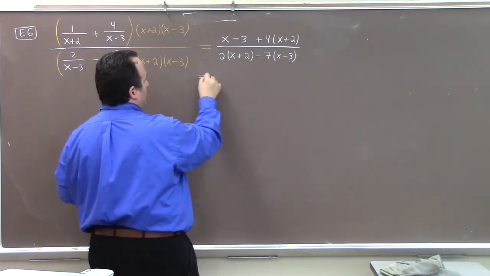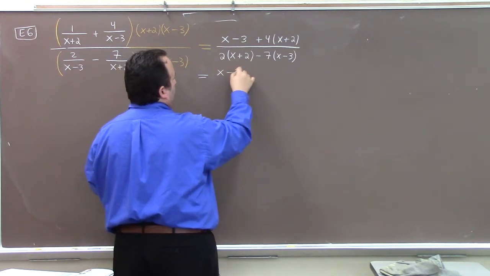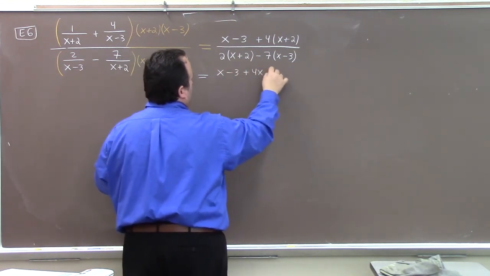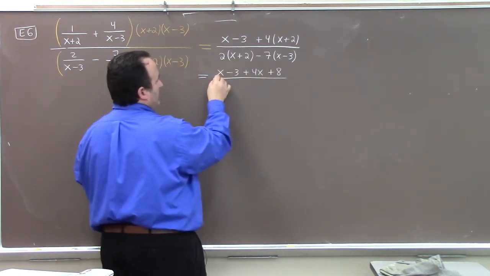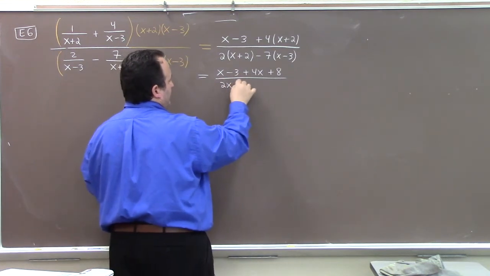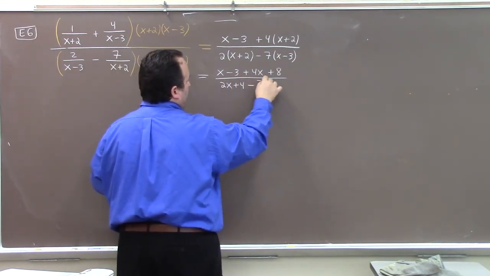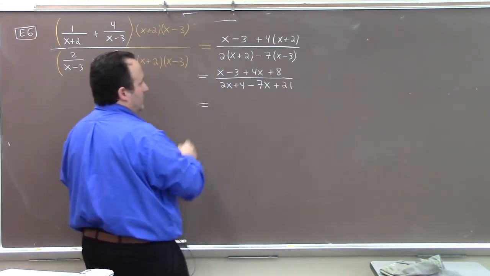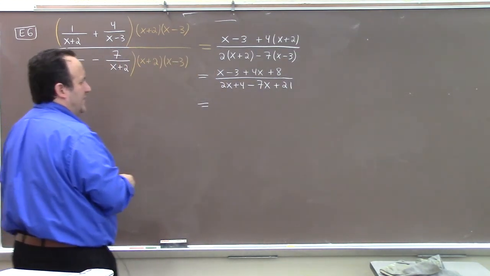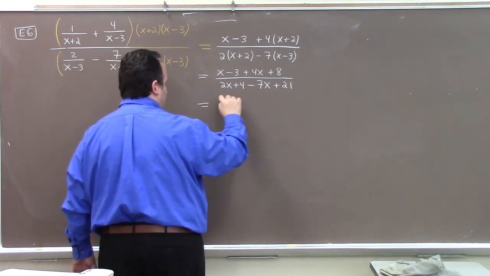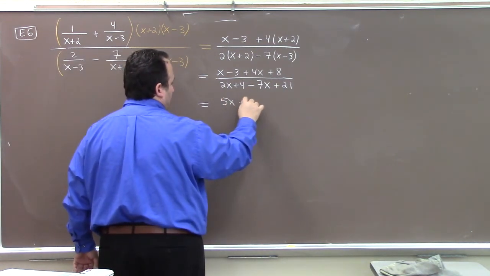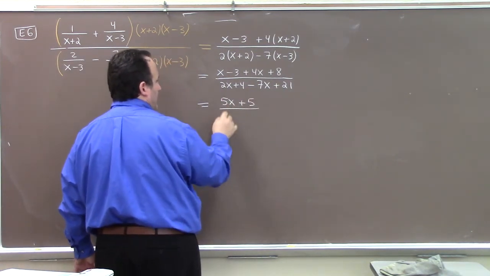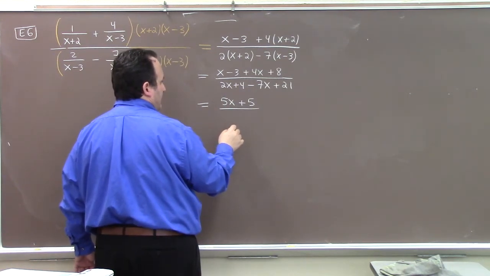So that's x minus 3 plus 4x plus 8, over 2x plus 4 minus 7x plus 21. And we got ourselves a what? A 5x plus 5. Downstairs what?